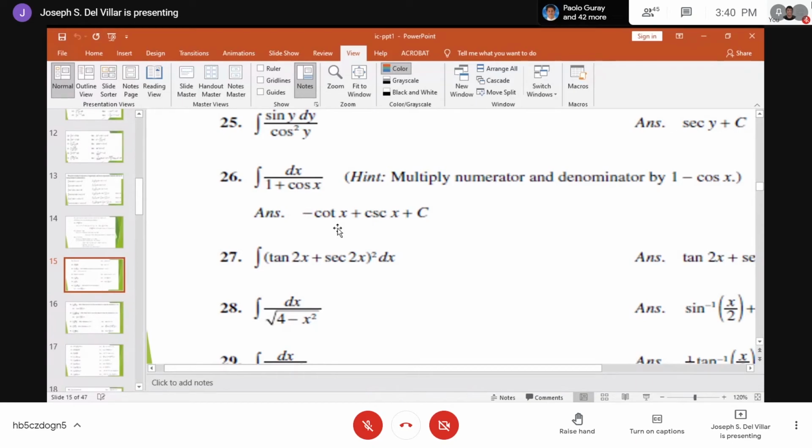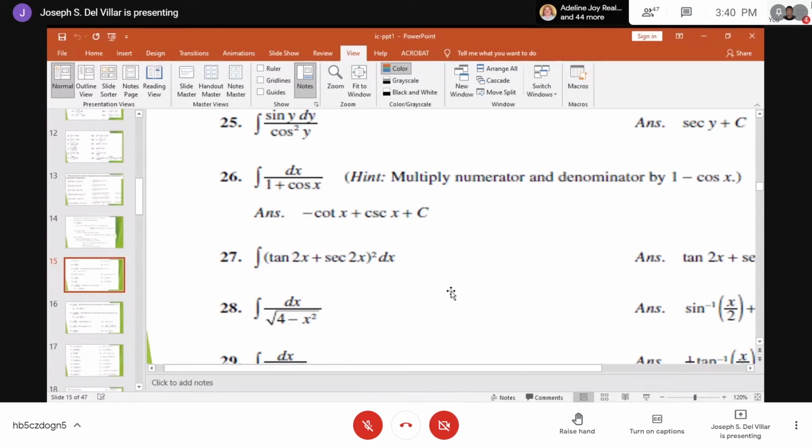So, i-replace natin yung denominator, yung product na. So, i-replace natin yung 1 minus cosine squared ng sine squared x. Okay? So, the given is now transformed into the quantity 1 minus cosine x times dx all over sine squared x.